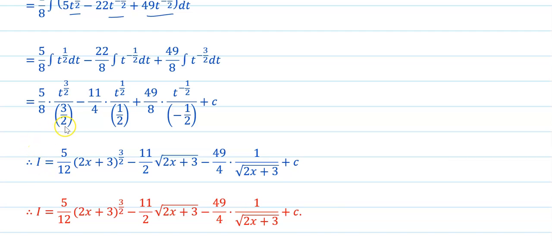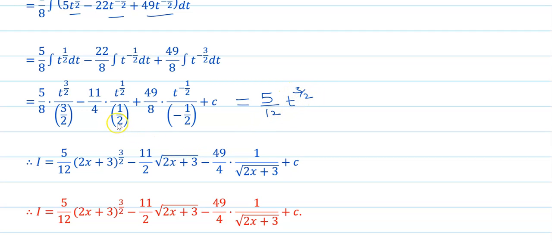Now the simplification: this 5 by 8 into this divided by 3 by 2 means what? 2 ones are 2, 4 twos are 8, that is 4 into 3, then you will get 12, and hence 5 upon 12 t raised to 3 by 2.